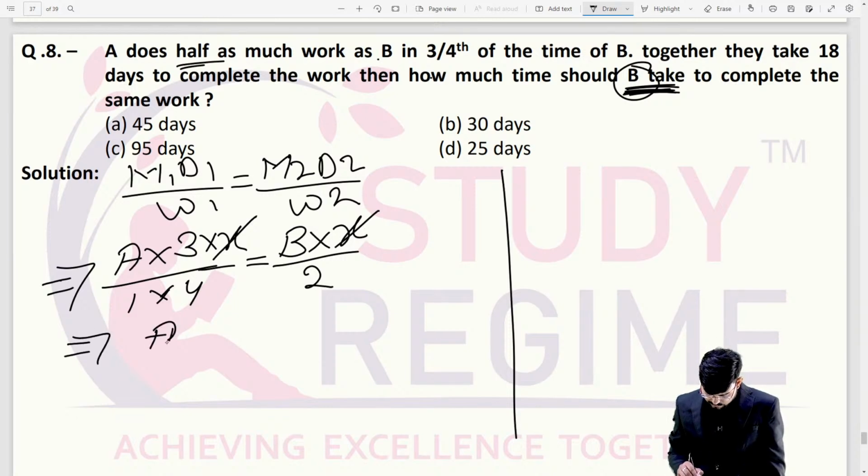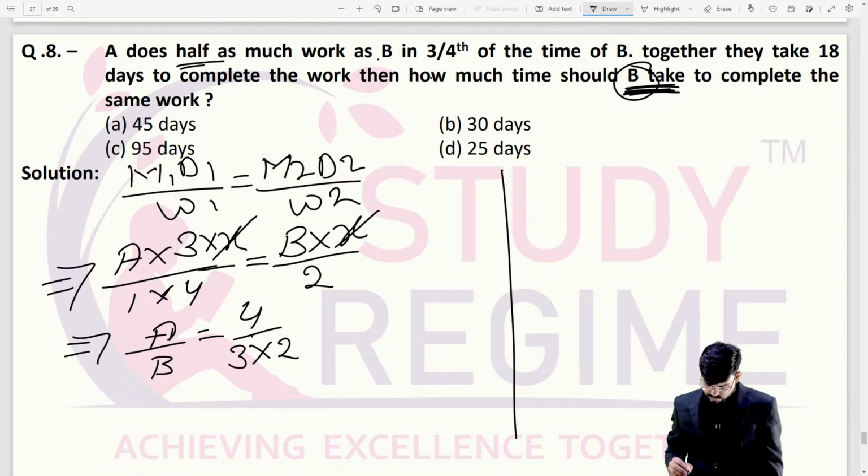Find the ratio of A upon B. The ratio will be 4 upon 3 into 2. 4 upon this cancels out. The ratio will be 2/3.